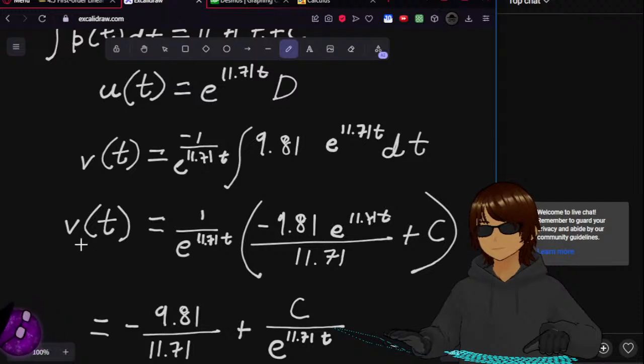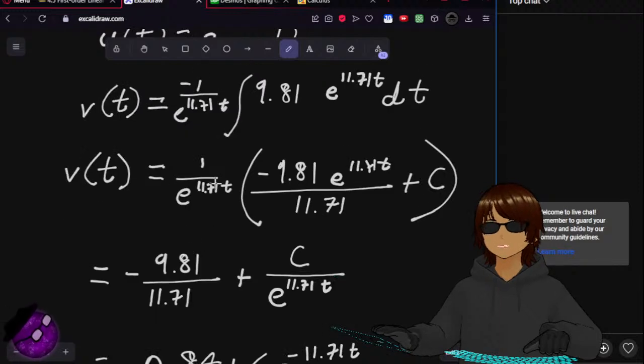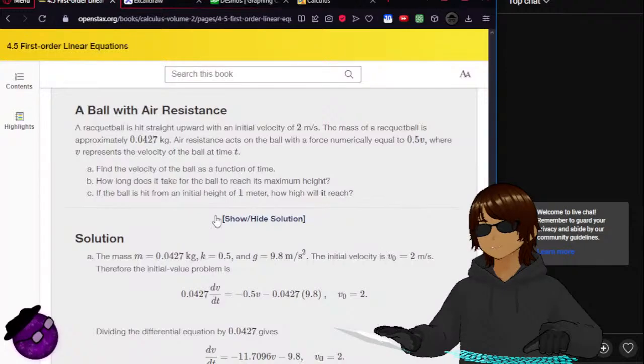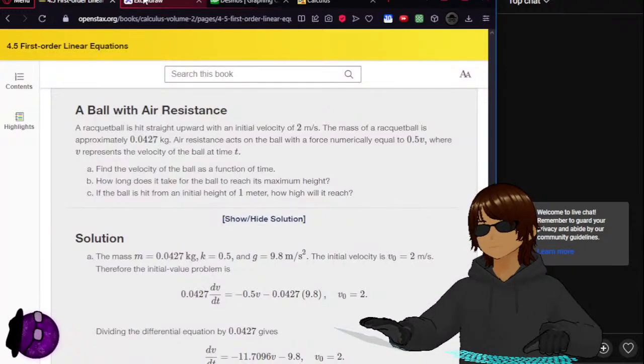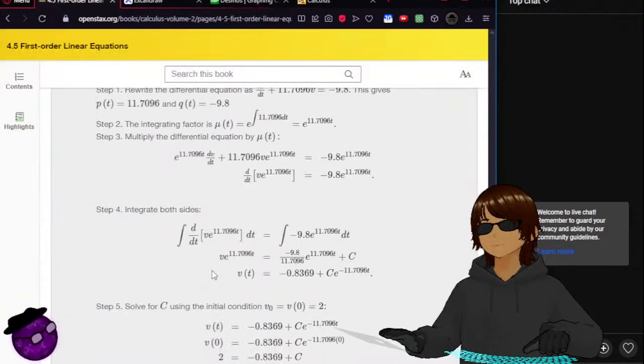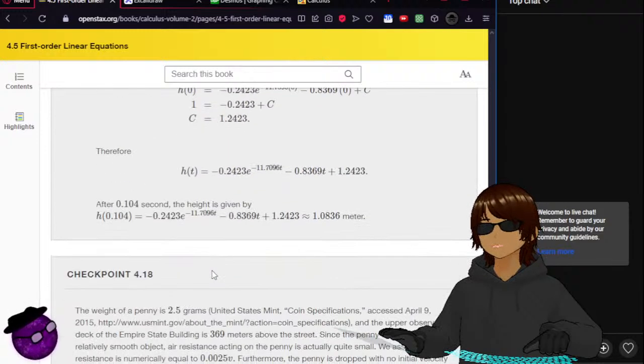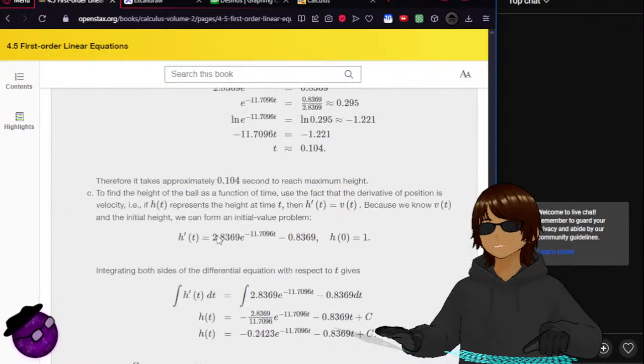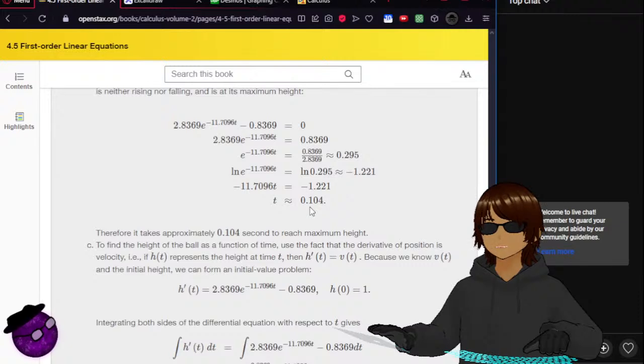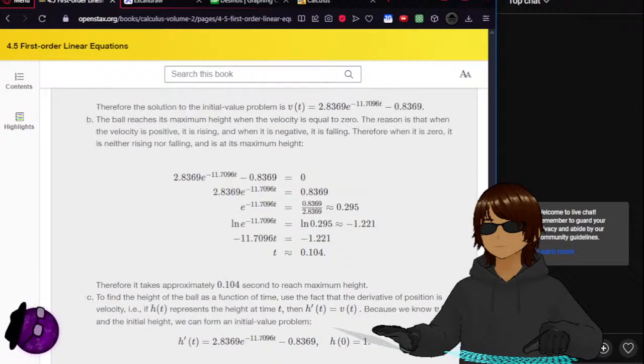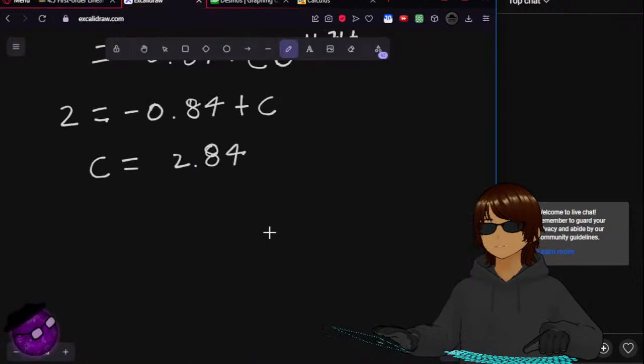So I guess we take the velocity function and integrate it from t equal to 0 to t equal to the time it takes to reach maximum height. So t is about 0.104. Yeah, we need to integrate. Let's try integrating this.